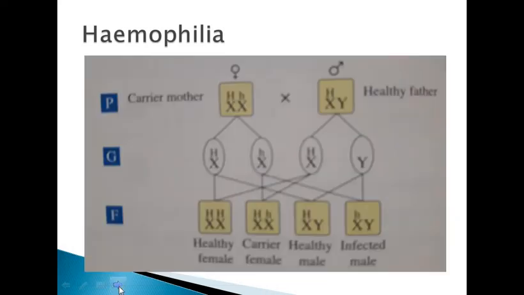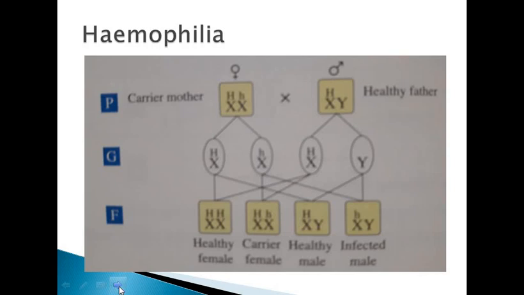Here crossing occurs between a carrier female and a healthy male. Both of them have no hemophilia because the carrier is phenotypically normal but genotypically carries the gene of hemophilia, and the male is completely healthy.